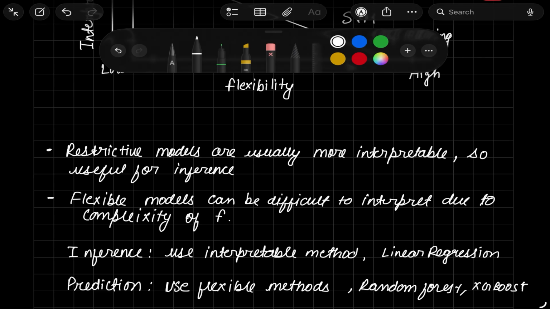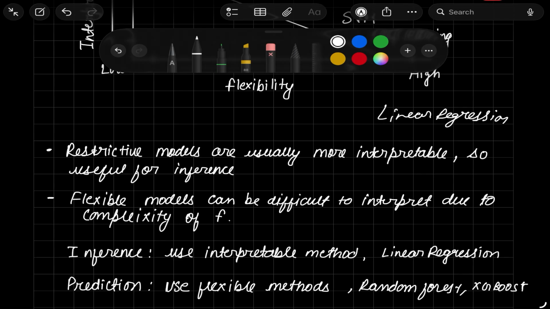Now, restrictive models are usually more interpretable, so useful for inference. If you want to know the relationship, or the association between the predictors and the response variables, then we can use an interpretable model, because it is easier to understand, like linear regression.